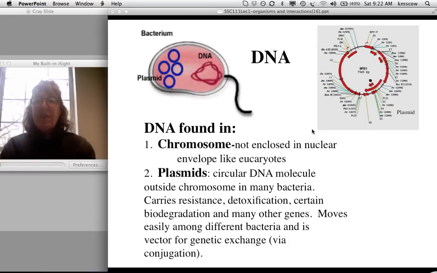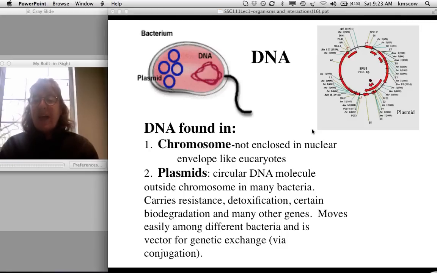What's interesting about plasmids is they're much more likely to move around among different organisms, and therefore they are a vector for genetic exchange through the process of conjugation. Also, plasmids sometimes are released into soil when organisms die, and are sometimes picked up by other organisms.